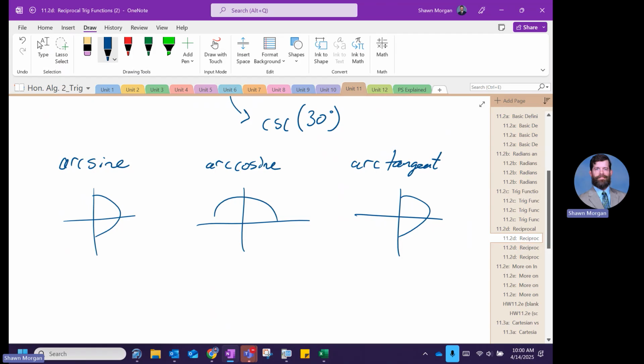For example, with arc cosine, it goes from 0 to 180 or 0 to pi. For arc sine and arc tangent, it goes from negative 90 to positive 90.